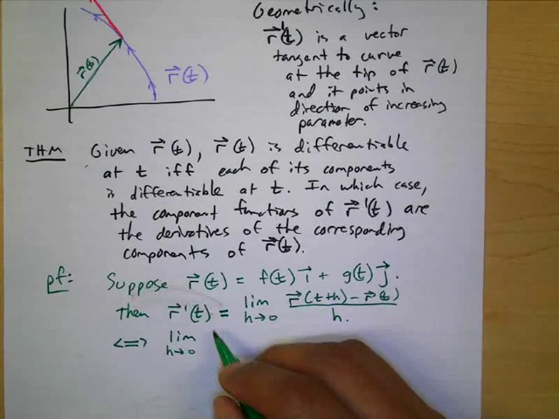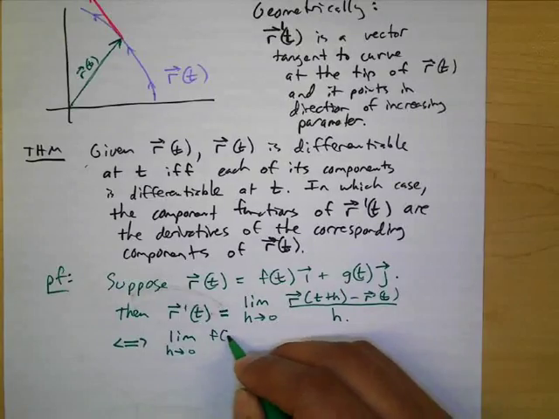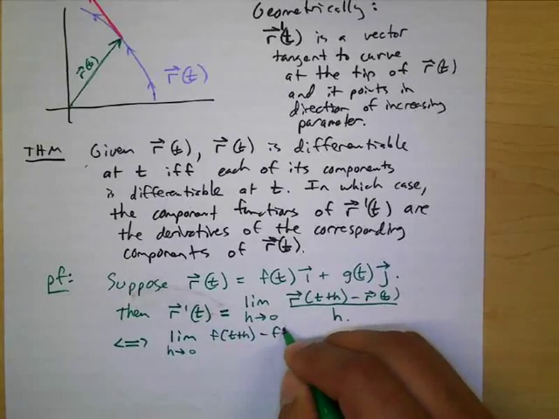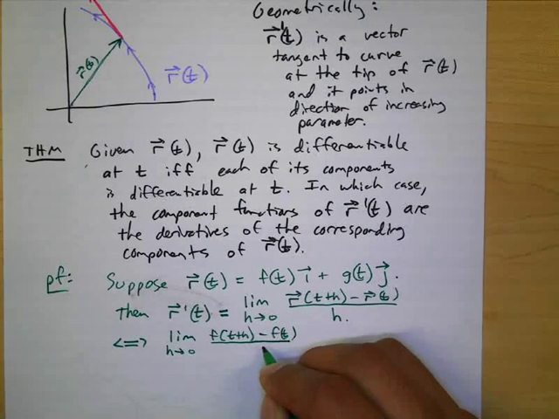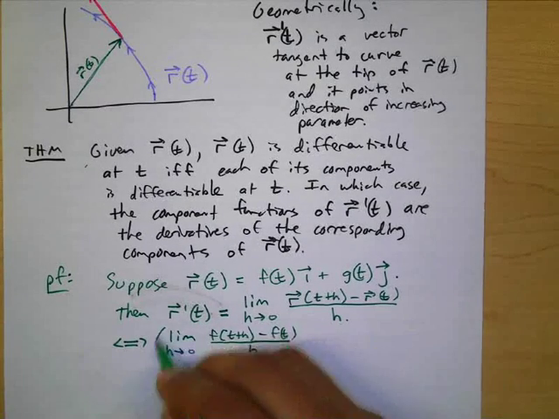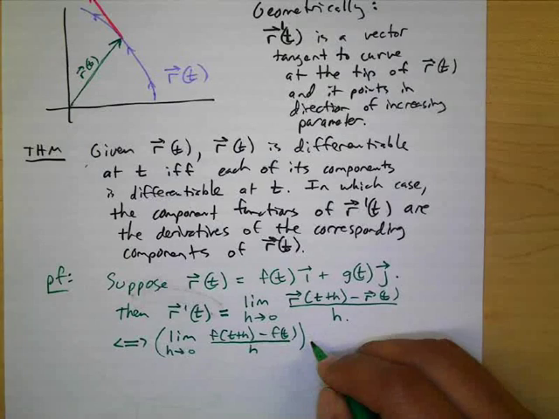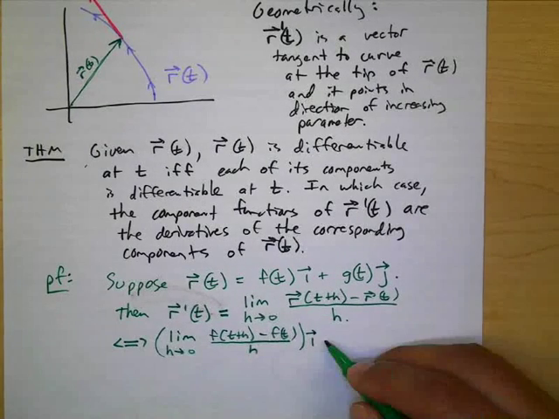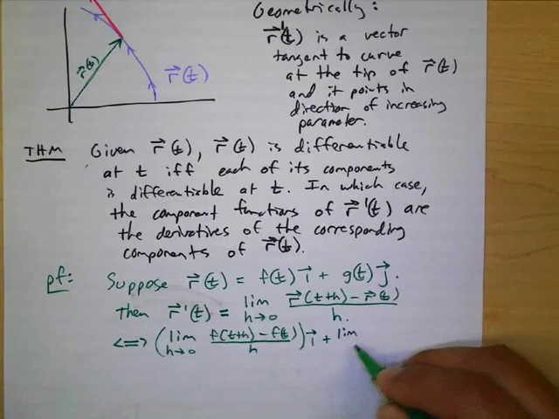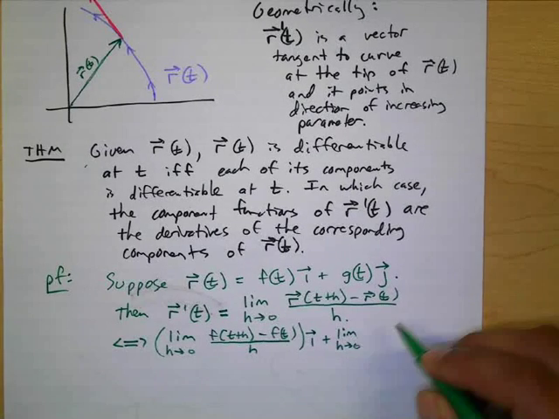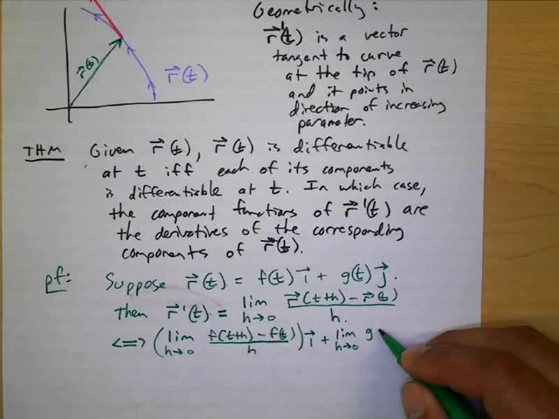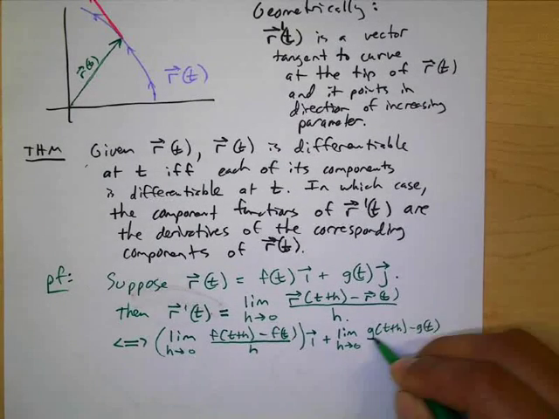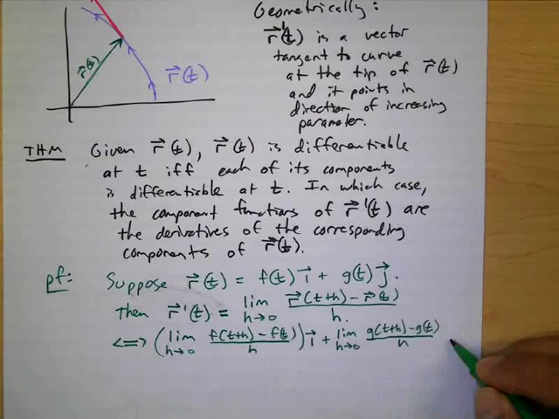So that would be f of t plus h, sorry, minus f of t all over h. That's your i component. And we're also going to take the limit as h approaches 0 of your j component, so g of t plus h minus g of t all over h.